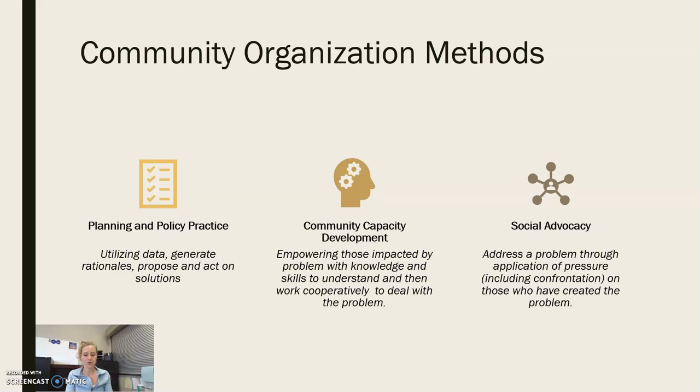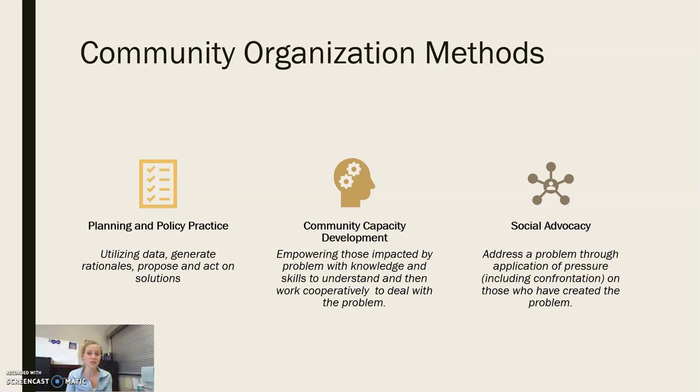Okay, so you might link that to the data of the increase in cancer in the area. You may link that to the data of increase of any type of disease in the area. And then you propose a solution. So you say that there are filters or certain machines that can eliminate that pollutant. And you propose that as a solution, and then you act on the solution. So that's the planning and policy practice.